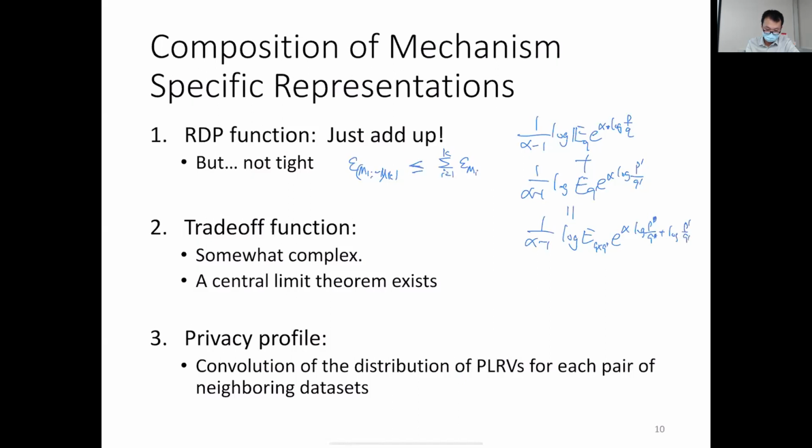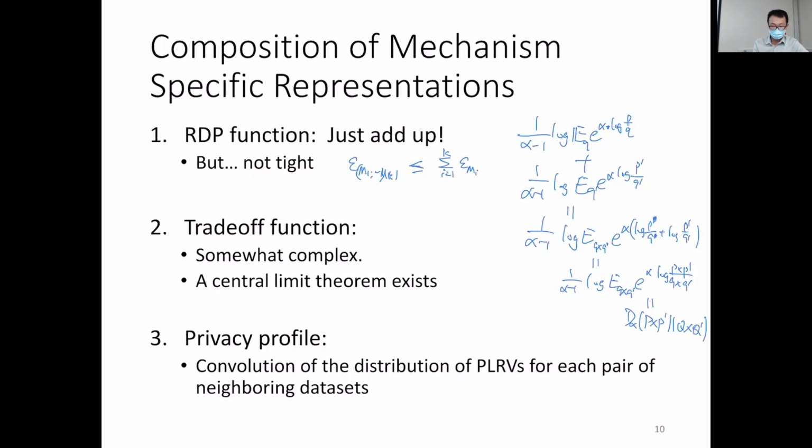This becomes alpha minus 1 times the log of the expectation under Q cross Q prime of the ratio P over Q to the power alpha, and the same for P prime, and by the property of the log, this is by definition the alpha-order RenE divergence of P cross P prime and Q cross Q prime. So this is saying that for every pair of neighboring data sets, the RenE divergence simply adds up.